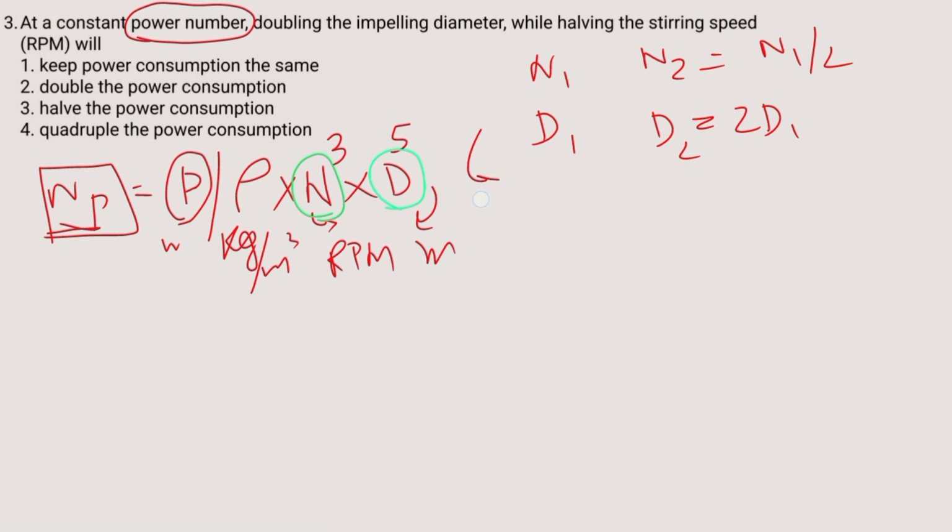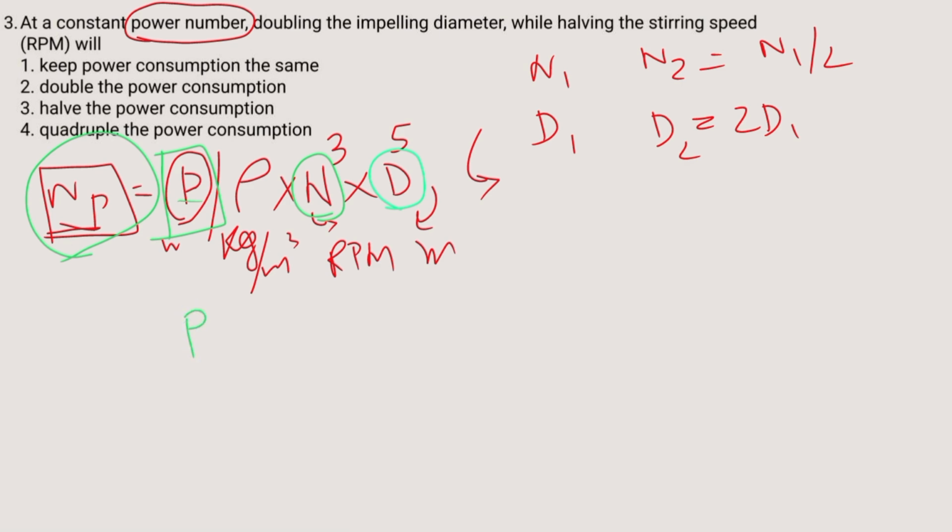Now if we take the equation for the first impeller and for the second impeller, keeping the power number as a constant, we have to determine what will happen to the power consumption. How will the power consumption change? We have to determine that.